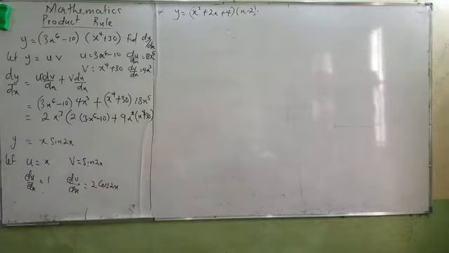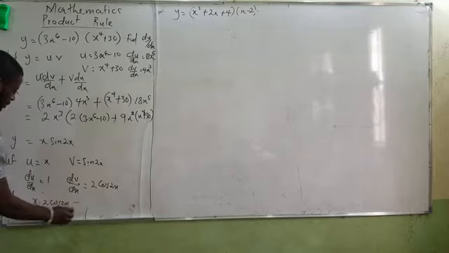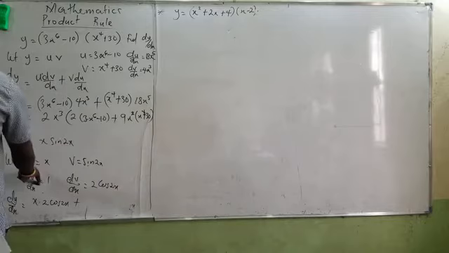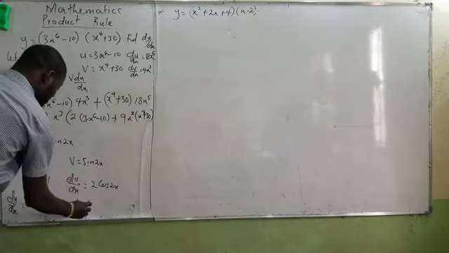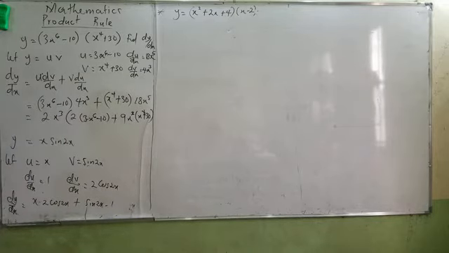Now, with just doing this, I can answer that my dy/dx will be equal to u, which is x, multiplied by 2 cos 2x, plus v, which is sine 2x, multiplied by 1.